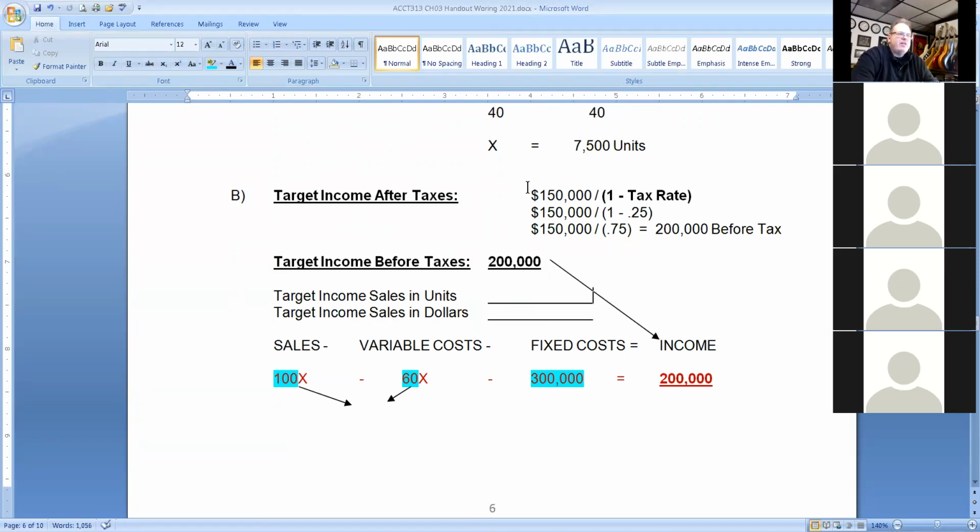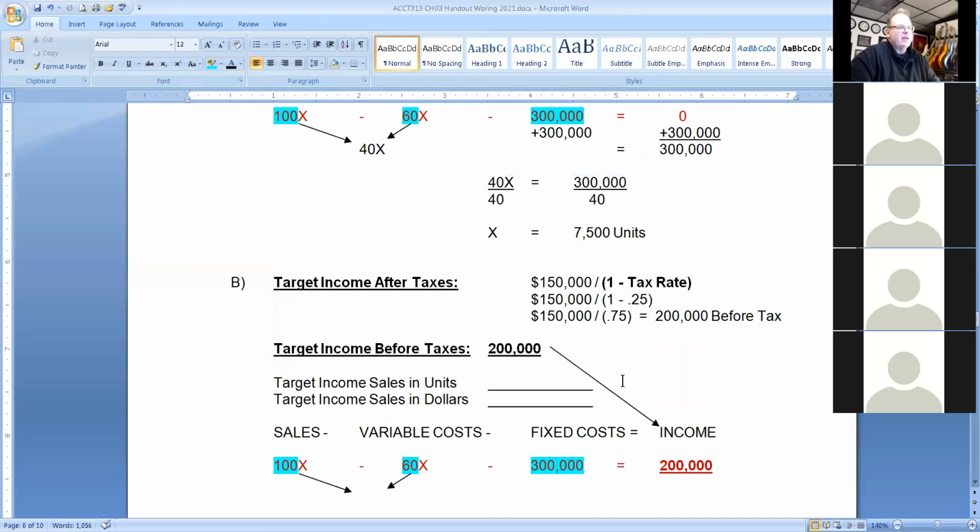So you're going to take whatever the after-tax income is and divide it by 1 minus the tax rate. And this income is really the before tax income. Yeah, I'm not going to put that in, it would make it more confusing. But you're going to put the before tax income in.